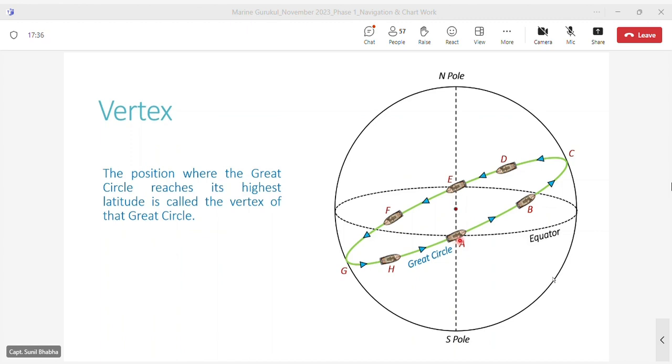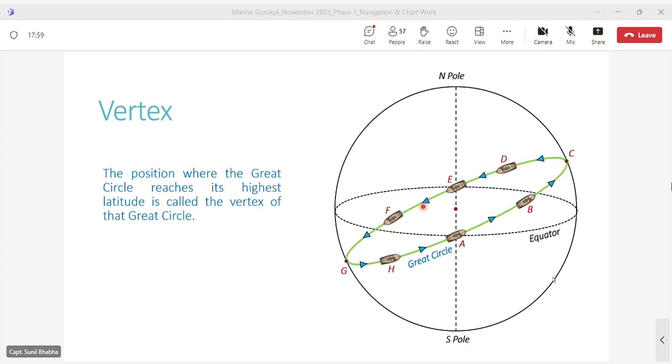Now, when the ship is proceeding on this great circle track, you will see there are two particular points or locations on this great circle track where the ship reaches the highest latitude. One point is the point Charlie. You can see point Charlie is the point where the ship attains the highest latitude in the northern hemisphere.